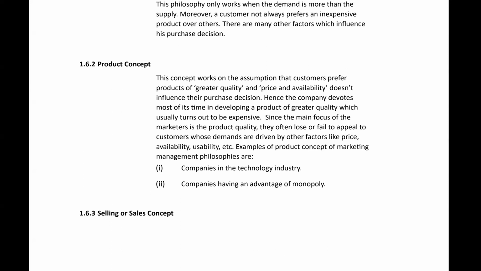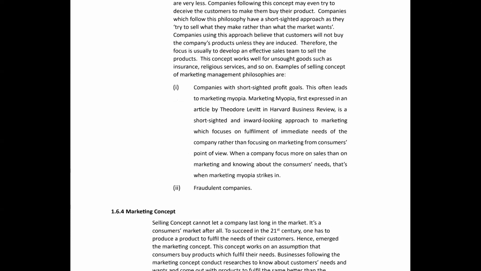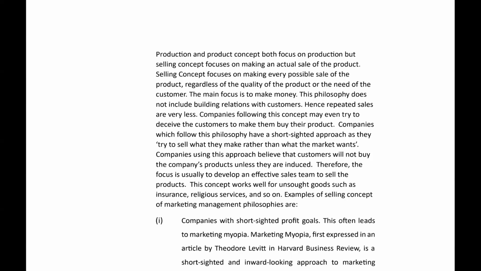The sales concept. With the sales concept, you will understand that the production and product concepts both focus on production, but the sales concept usually focuses on making an actual sale of the product. This one is about making an actual sale.